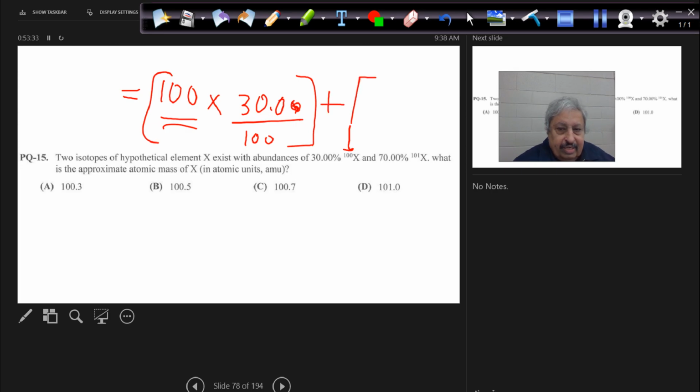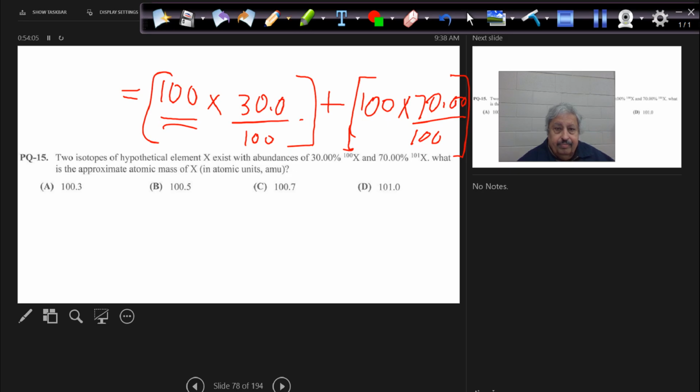Plus the second one is 100 atomic mass multiplied by the abundance is 70. Okay, guys. So atomic mass multiplied by its abundance divided over 100.